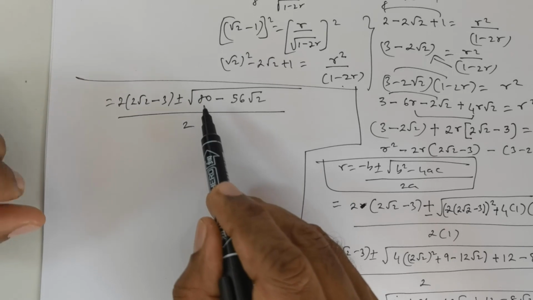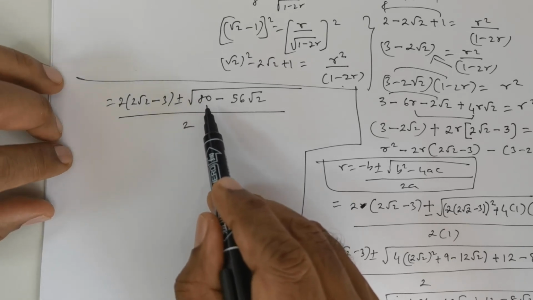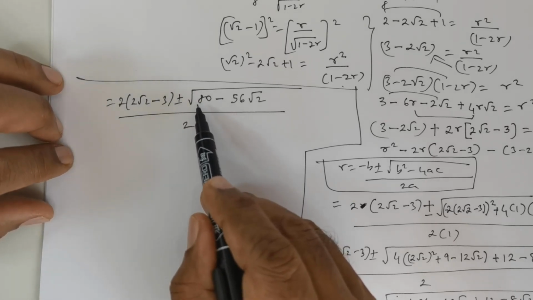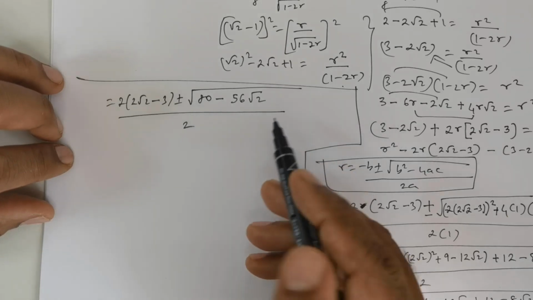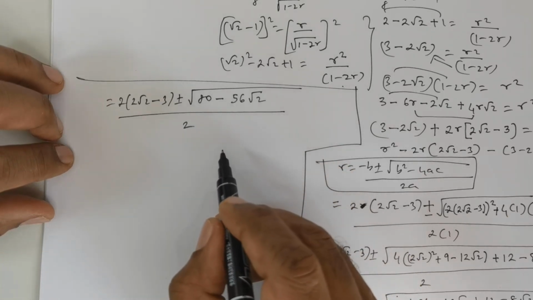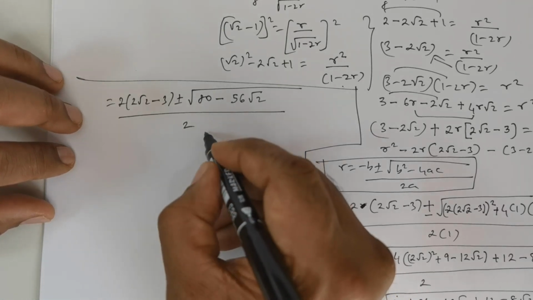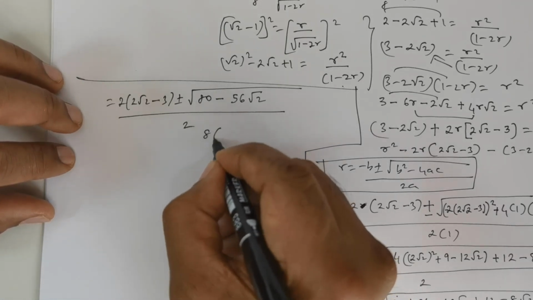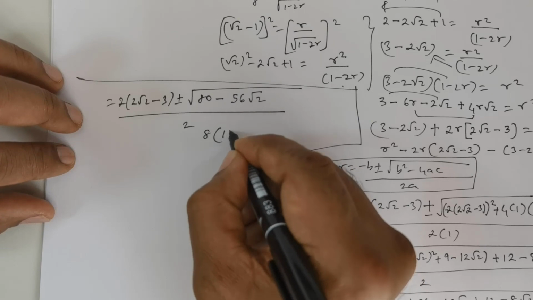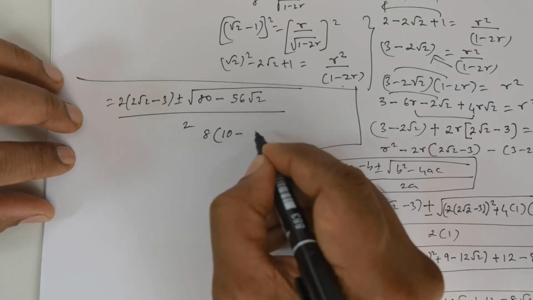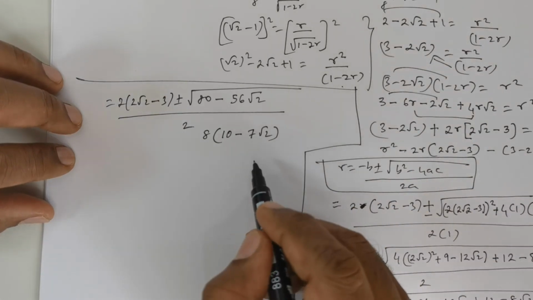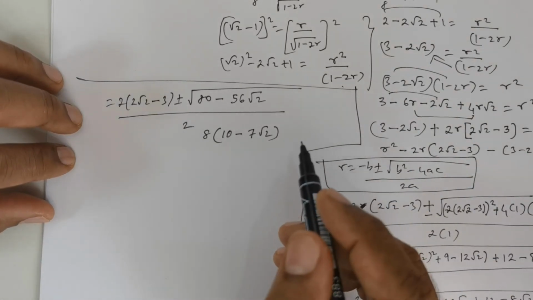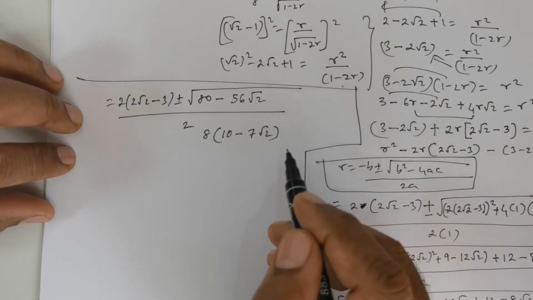Now if I were to take 8 out, that's the only thing I can do, right? So if 8 is taken out from here, this would give me 10 minus 7 times root 2. That's the best we can do in this case.